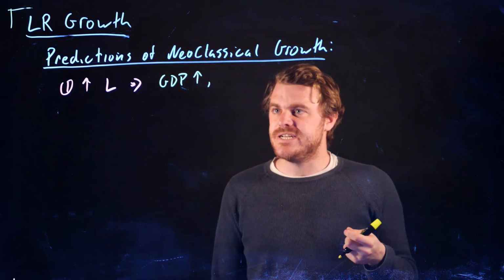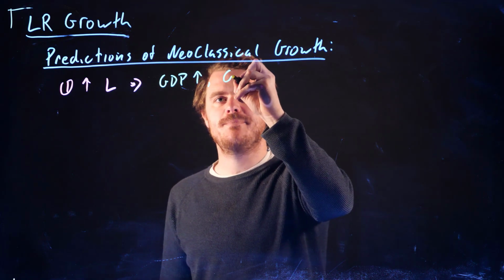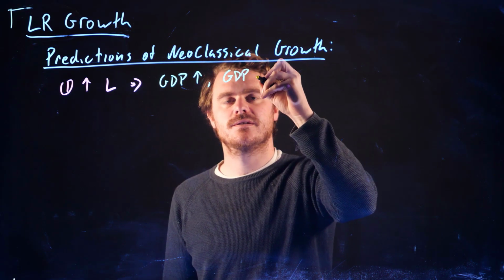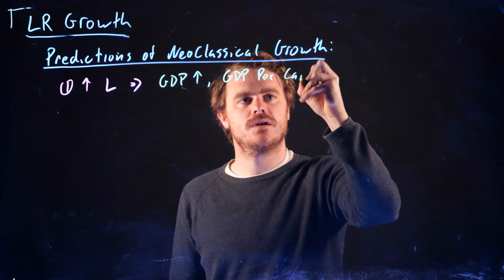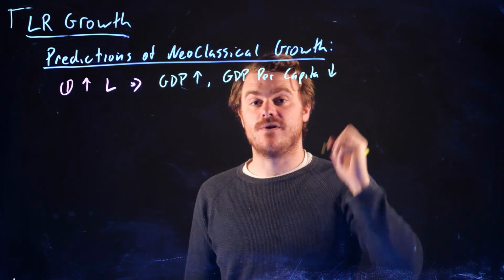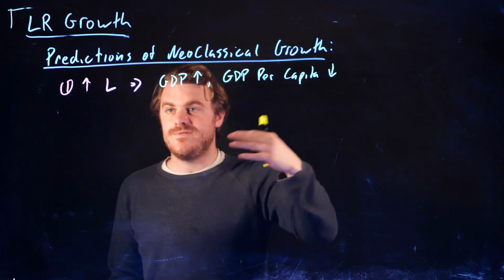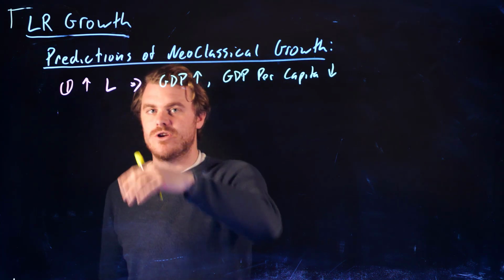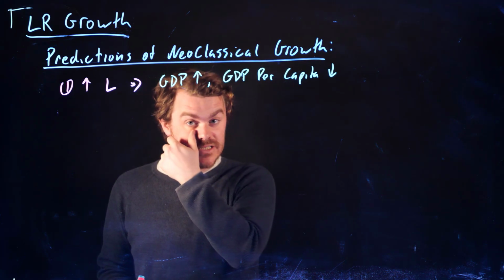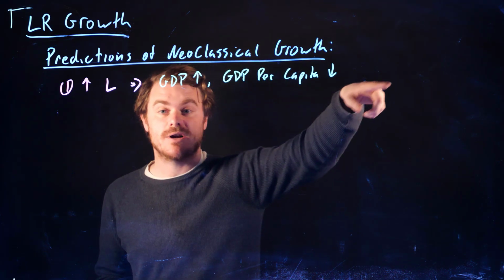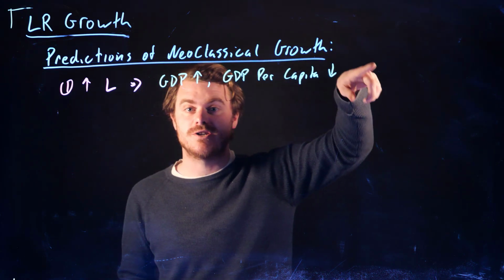But because of diminishing marginal returns, GDP per capita is actually falling. If we fix capital and just increase the labor force, GDP increases, but GDP per capita is going to start to go down.